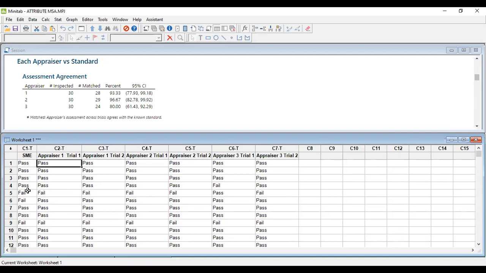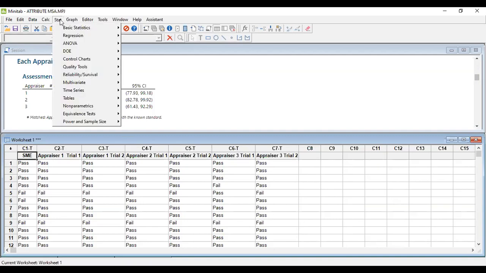Now we have got 3 appraisers doing 2 trials each for 30 different part numbers, and the data is plotted in this particular format. This is what we will use for an attribute gauge MSA test. Is that clear? Any questions here, Ronald? No, that's clear.